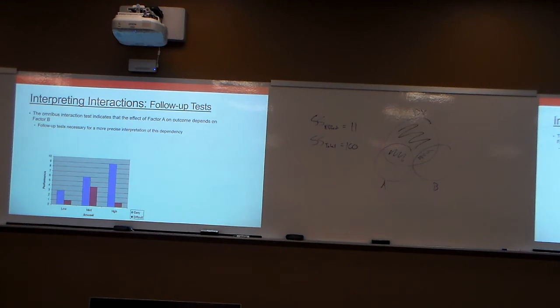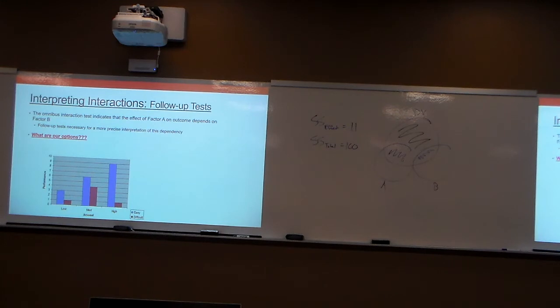So let's go back to our example from class. We're looking at a 2x3 factorial design where difficulty has 2 levels for factor A, and factor B, arousal, has 3 levels. Okay.